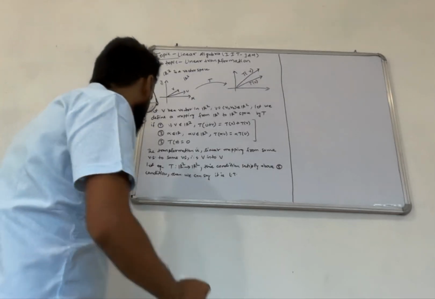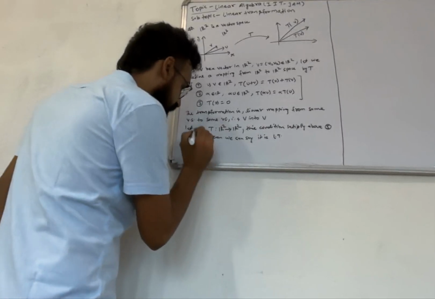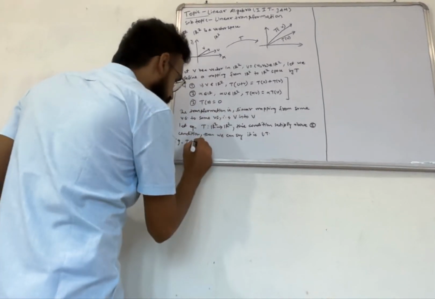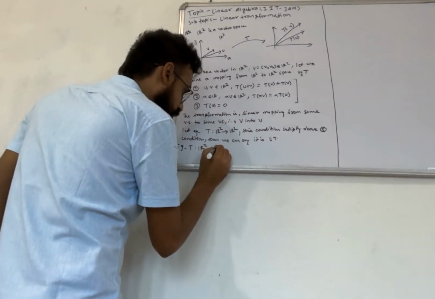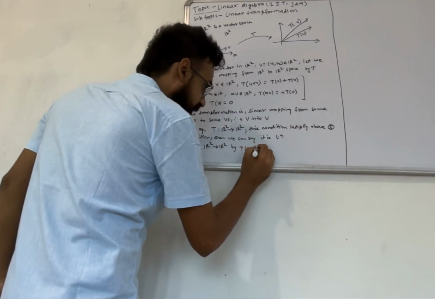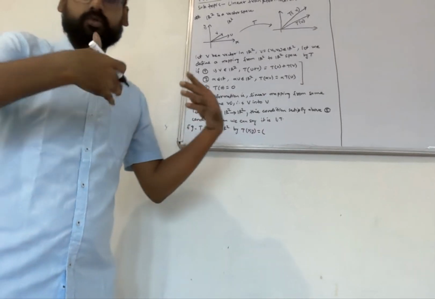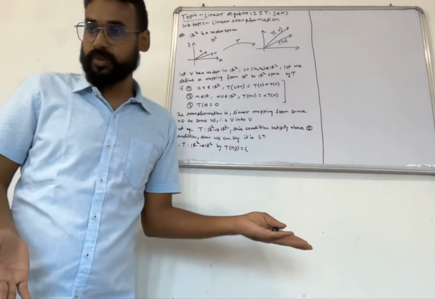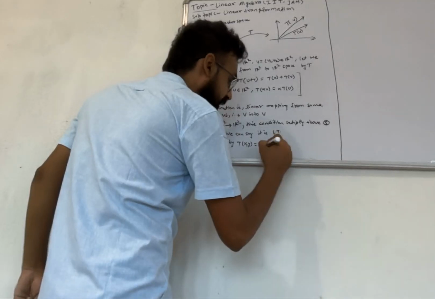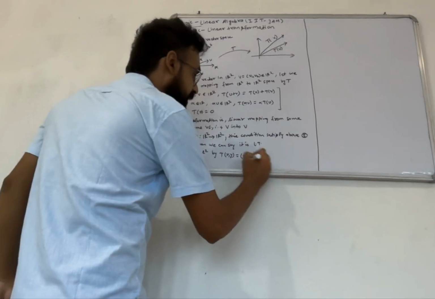Let's suppose we have the example T from R2 to R2 by T of x, y is equal to, a two-dimensional vector is mapped to a two-dimensional vector, x plus 1 and the second component is x plus 3.